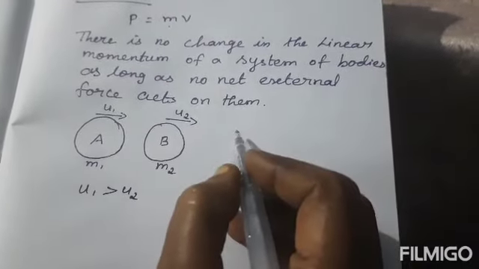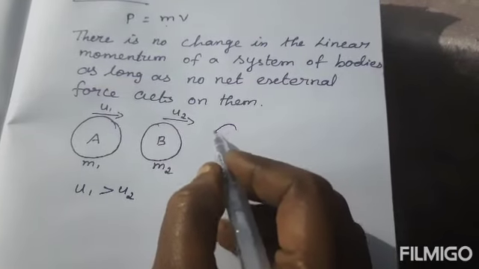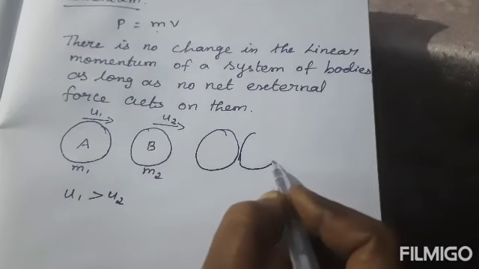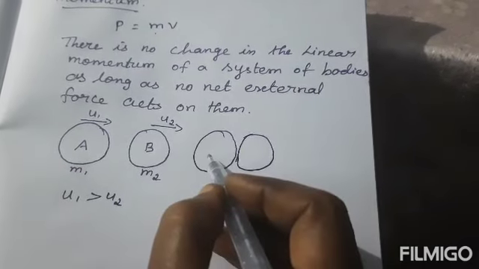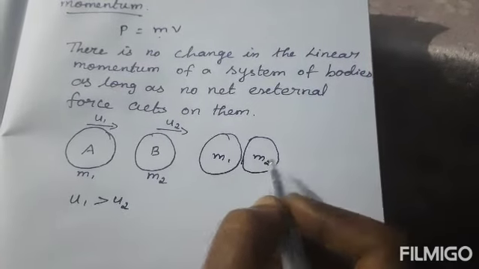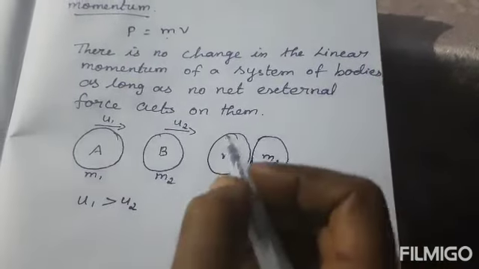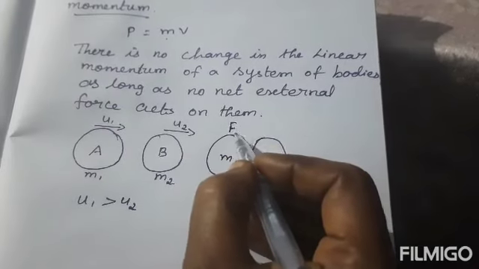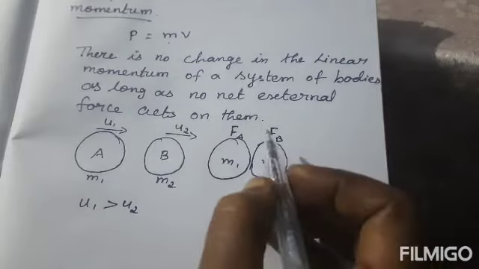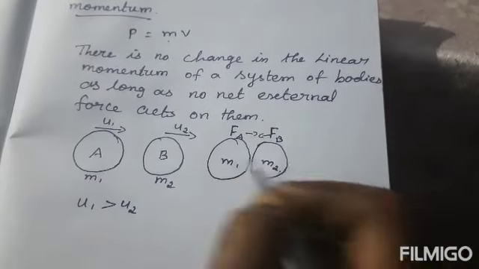A collision takes place between the two bodies, m1 and m2, due to the force of body A and the force of body B.